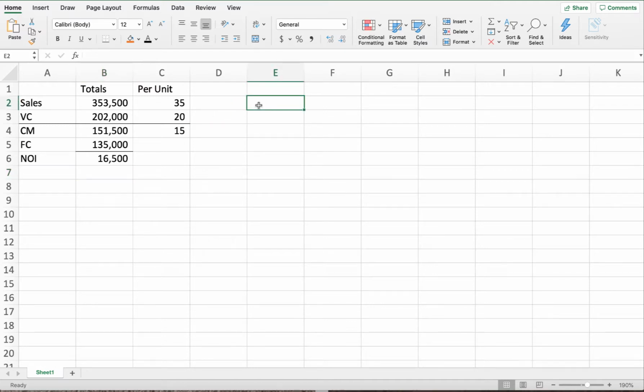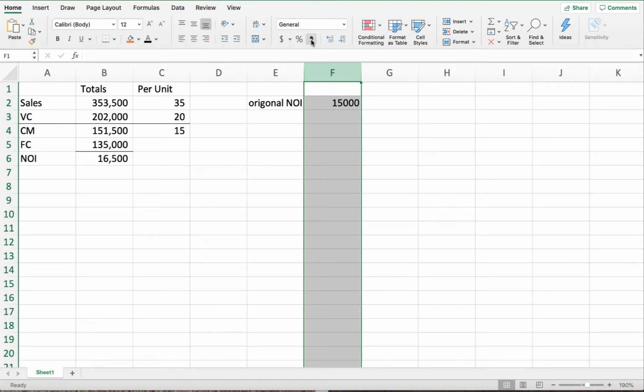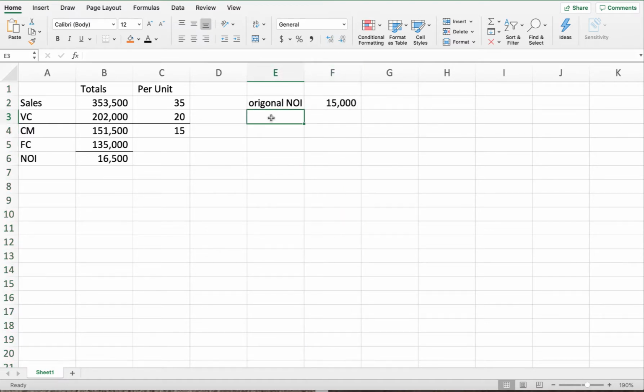Here's a second way I could have done it. I could have said, what's my original NOI? Well, I know my original NOI was $15,000. What then is the change in the contribution margin? Well, that's easy.